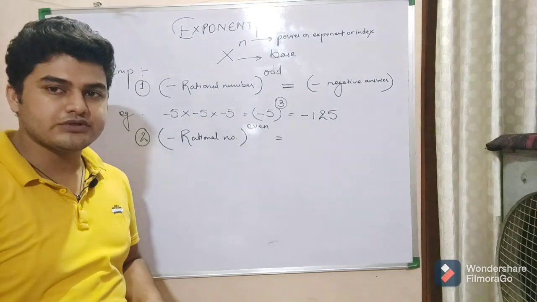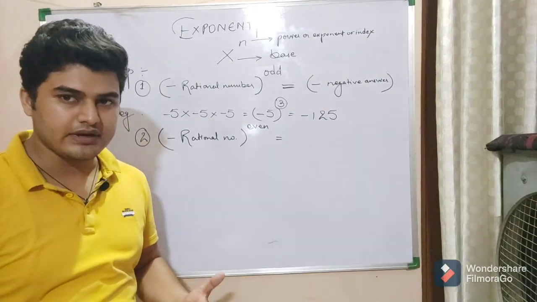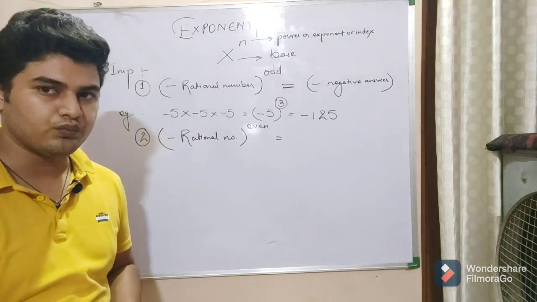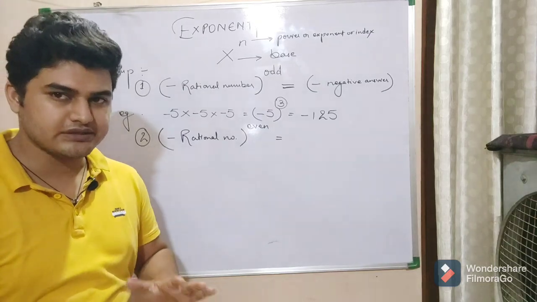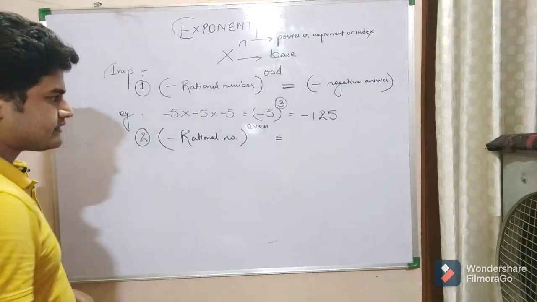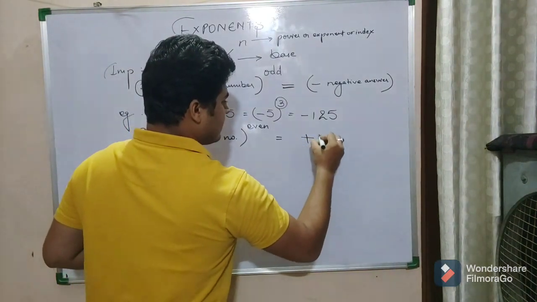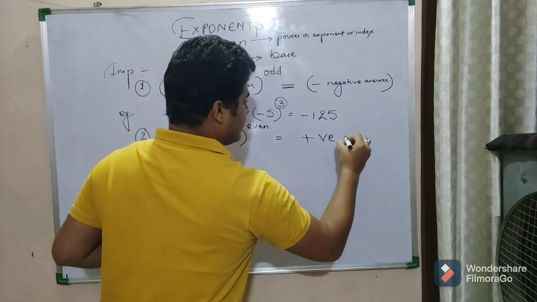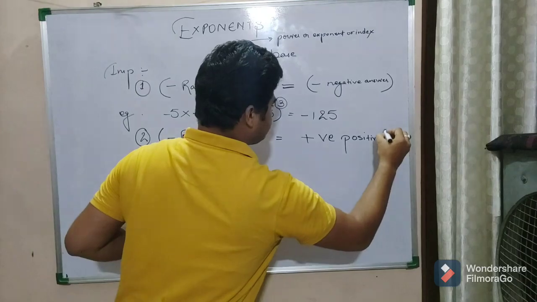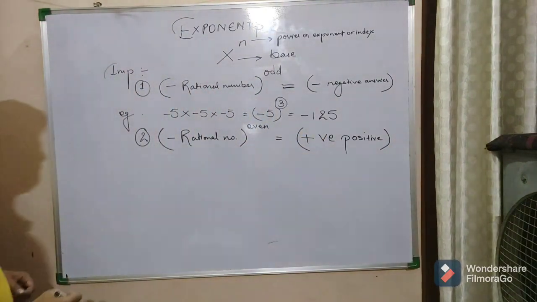Odd, the numbers which are not divisible by 2, like 3, 5, 7, etc. And even, the numbers which are divisible by 2, like 2, 4, 6. Clear? So if a negative rational number is raised to the power even number, then the answer which you will get will be a positive number. The answer will always come positive.